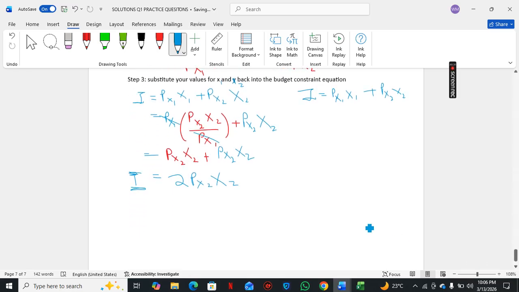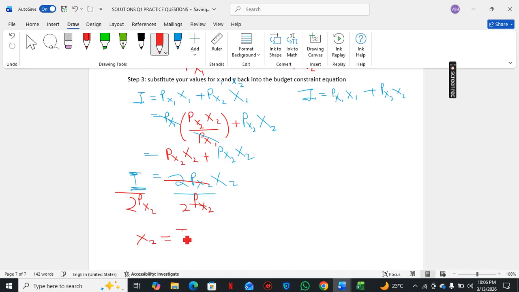So for our expression for the Marshallian demand for X2, you make X2 the subject of the formula. Divide both sides by 2PX2. So these cancel each other out and you get X2.